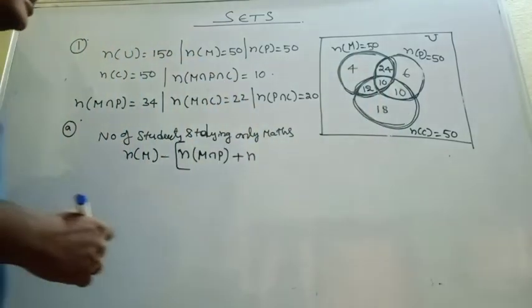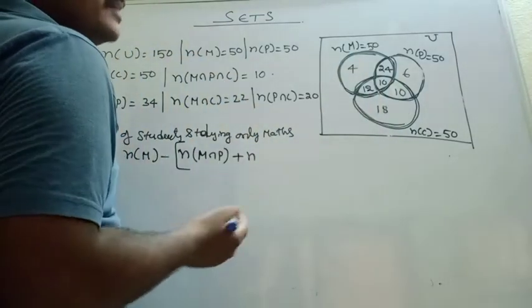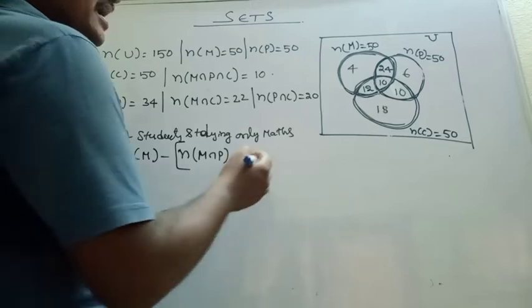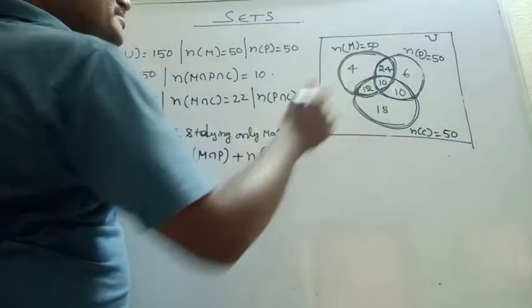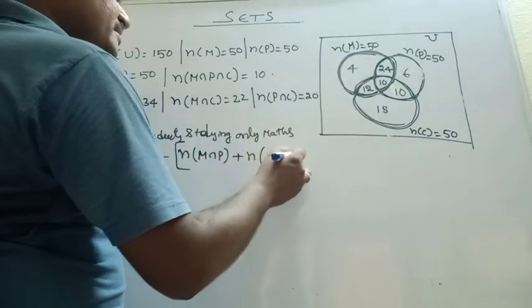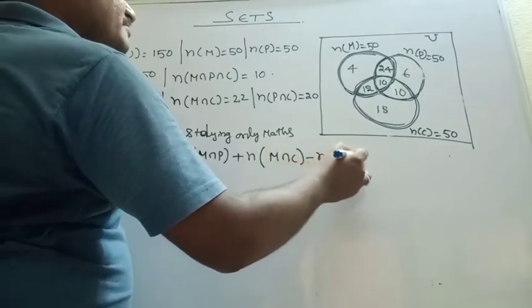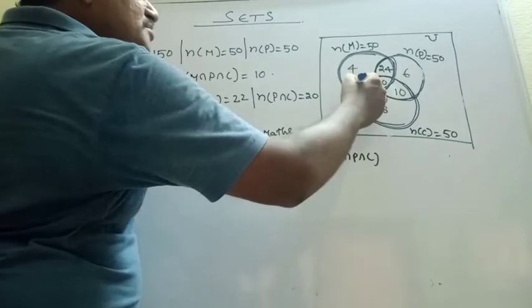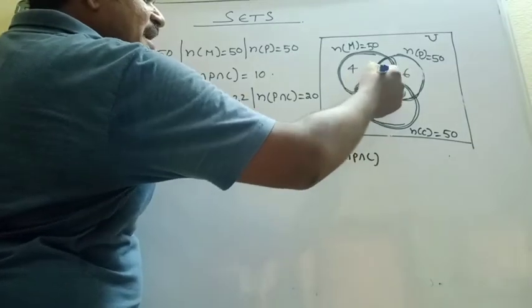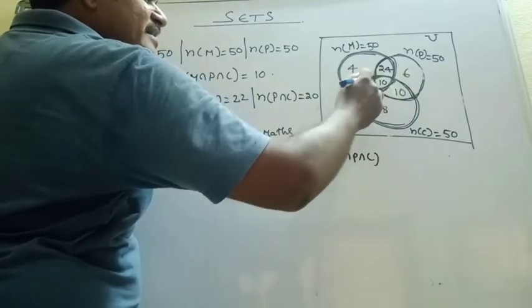That's my problem, right? I will write that as n of m intersection c minus n of m intersection p intersection c. From this total, my dear students, I have subtracted this, then I will get this part.